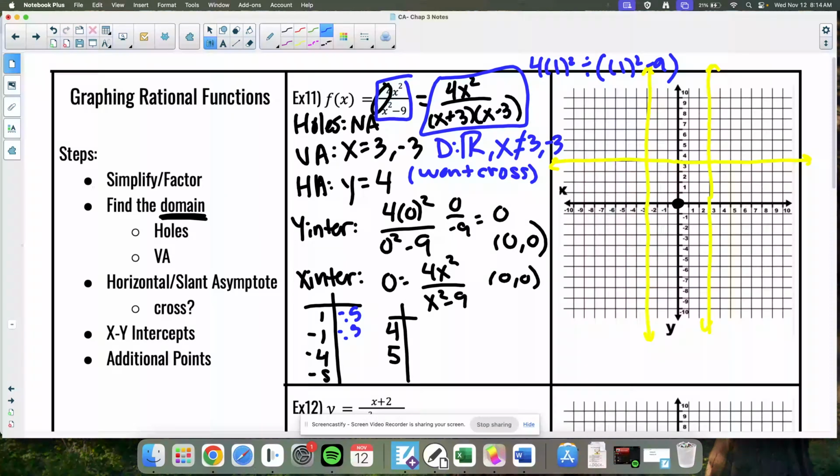64 over 7? What's 64 over 7 as a decimal? 9.1? Wait, do we get negative 4 already? Yeah, is it 9.1? Oh. I got negative 8. Shouldn't be negative.